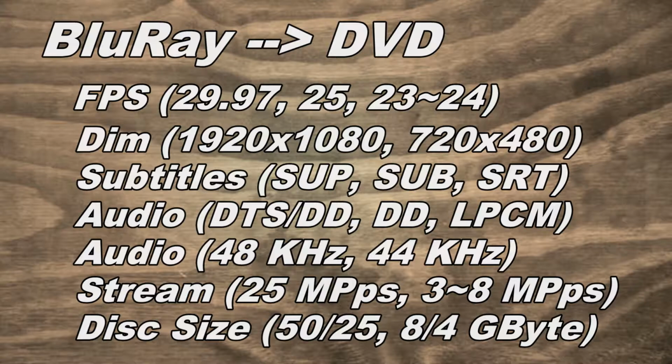The disc size for Blu-rays is often 50 or 25 gigabytes, whereas DVD is typically 8.4 and 4.7 gigabytes, so much smaller, like one fifth the size. So with that, I'm going to get into a demo of the techniques we're going to use today, and I would ask you to just follow along.